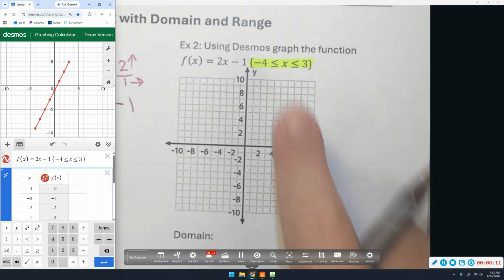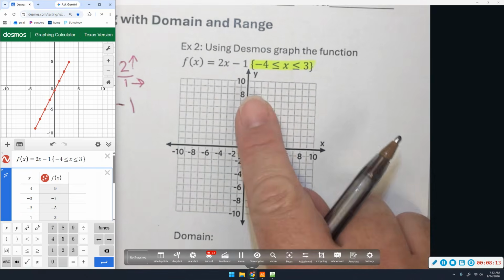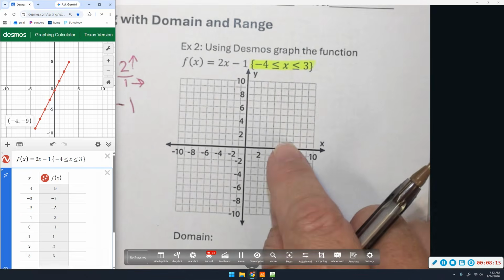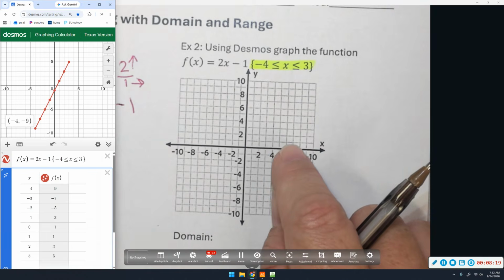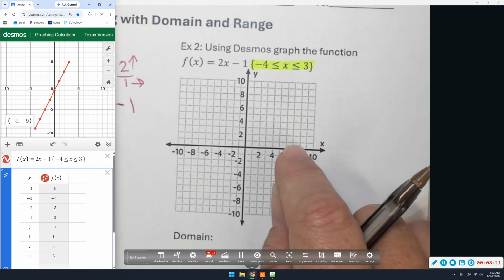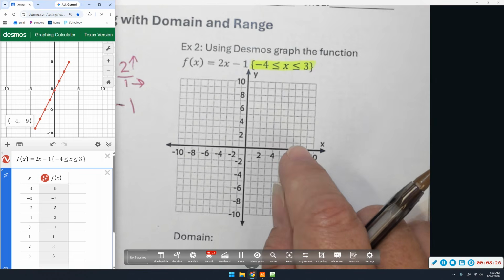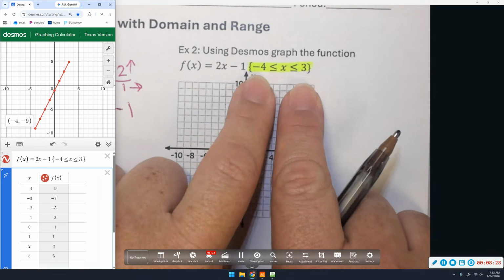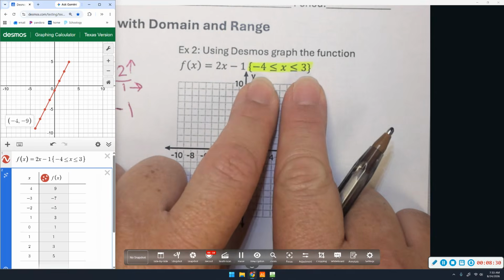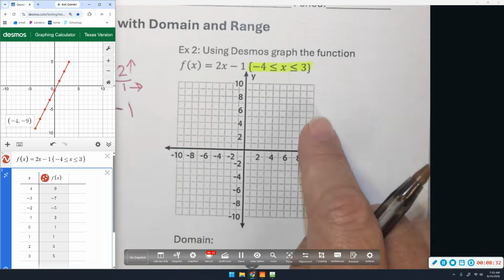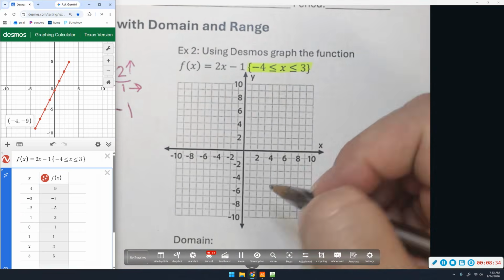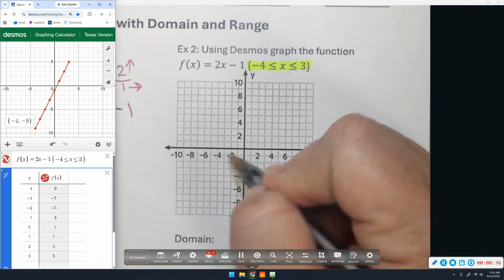So what this is telling us is that this graph has to stay between -4 and 3. Didn't that start at -4 and go all the way to x is 3? Did it pass? Did it go less than -4? No. Did it go greater than 3? No. Everything for my x is between -4 and 3. Yes? So if we graph that line, we start at -4, -9.